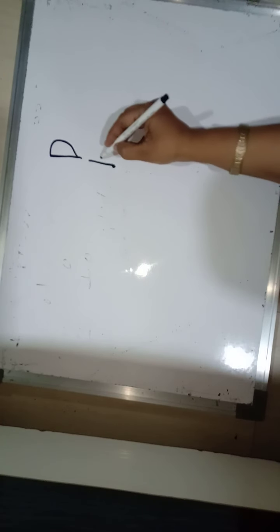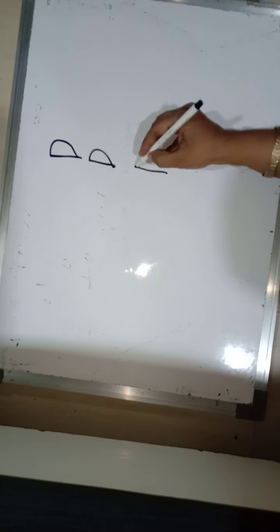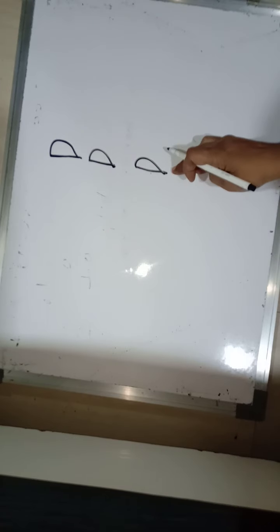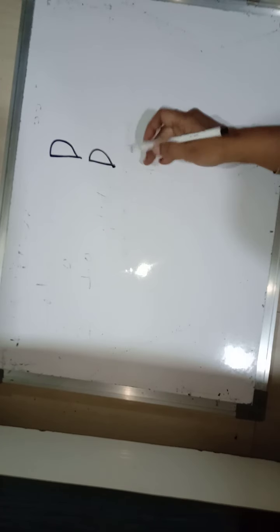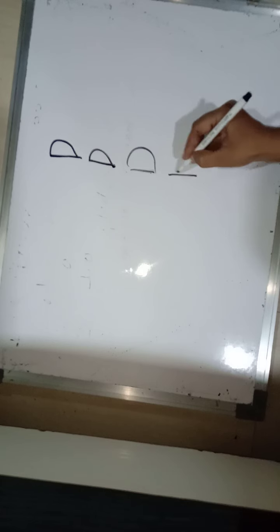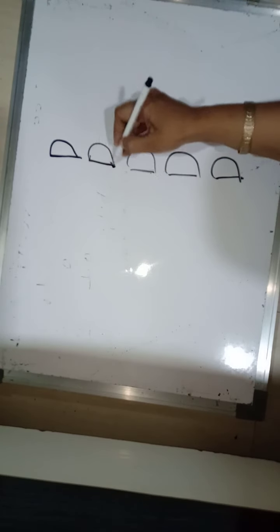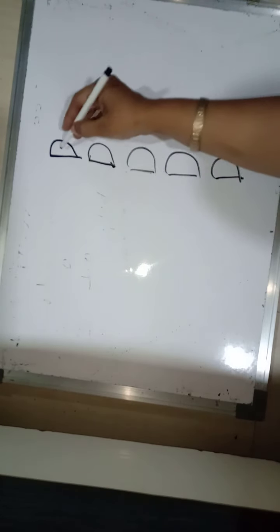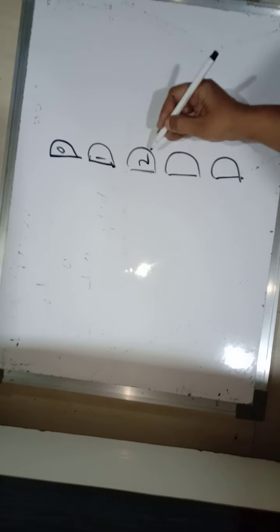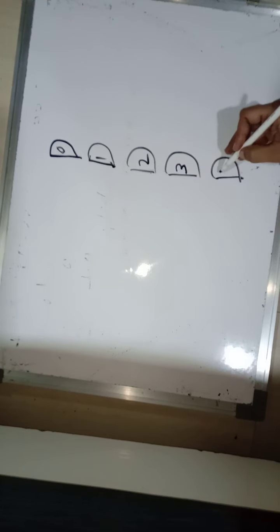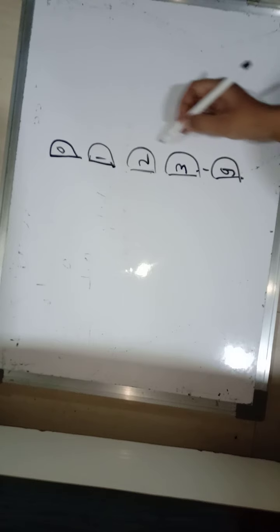So here we have AND gates. Okay, so this is 0, 1, 2, 3 and up to 9.